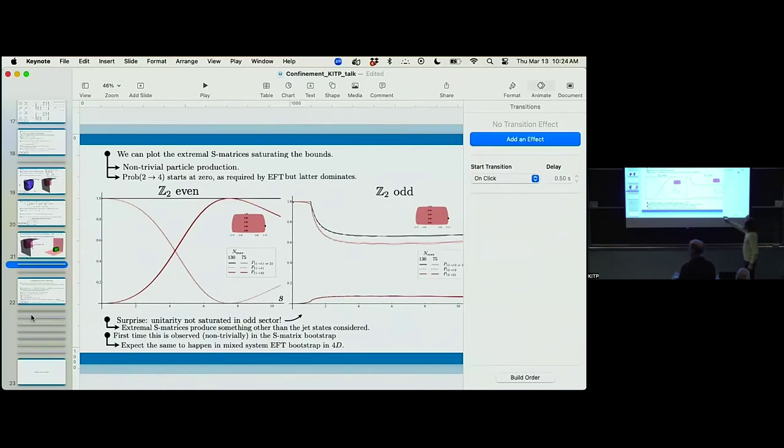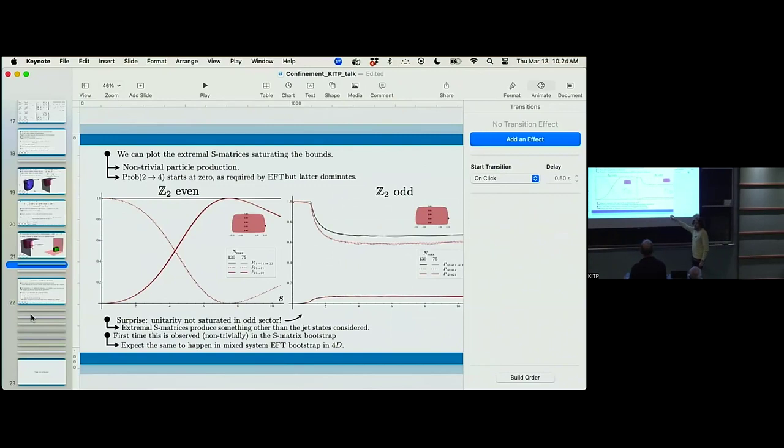You find first that the profiles of particle production are very non-trivial, and you do find also this breakdown of unitarity saturation in some channels. So it's not clear what the physical interpretation of this is. Of course, it's not a resonance. Very nice talk.